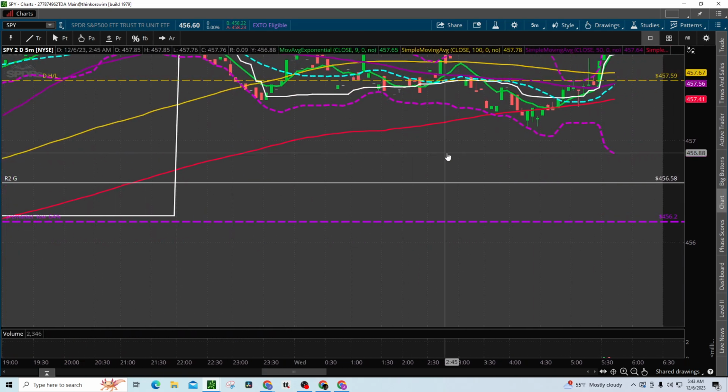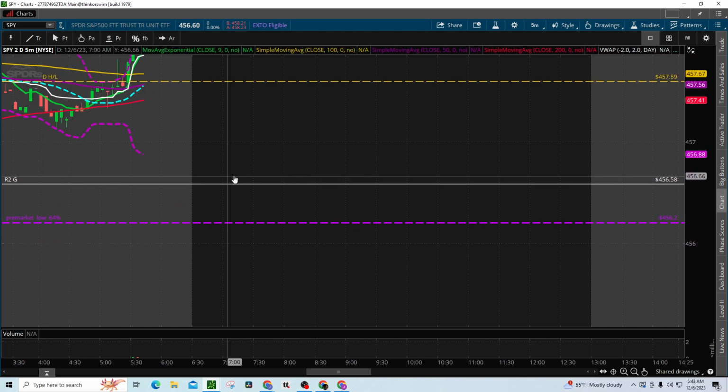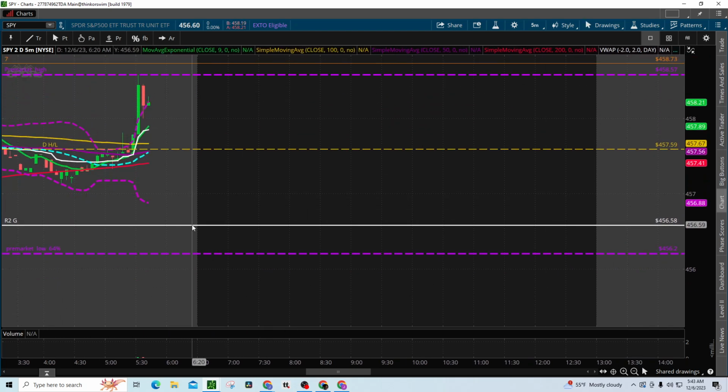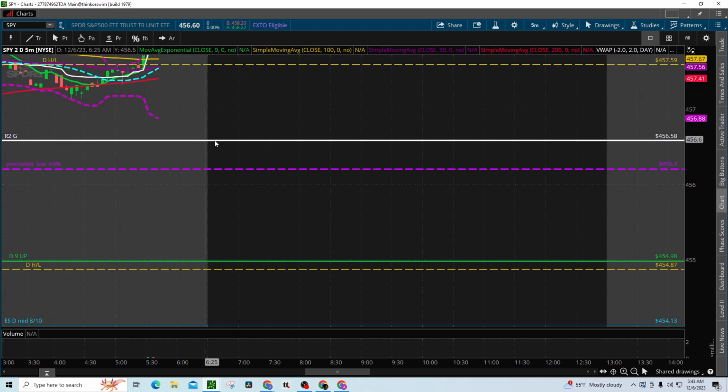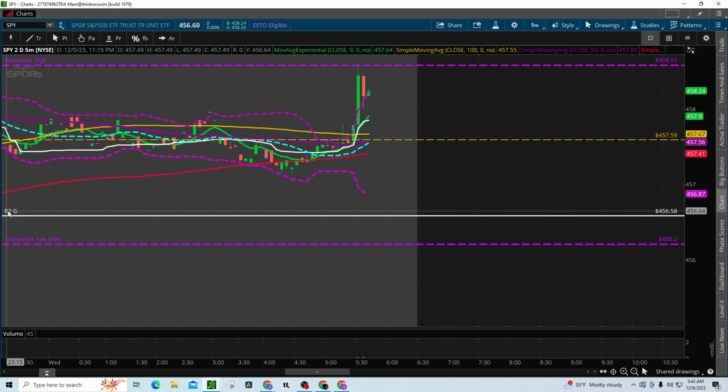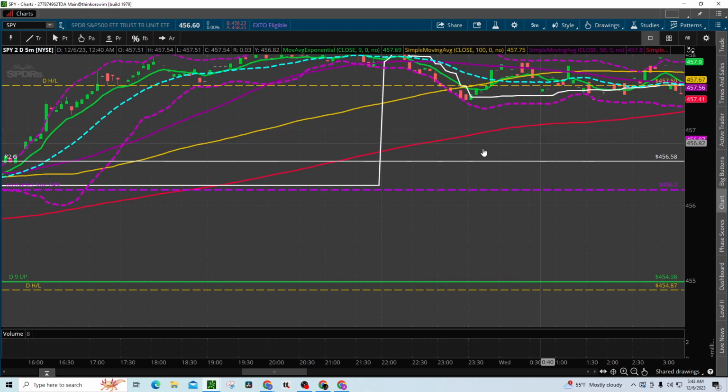So basically, it's called red to green because if price stays above this line, we're green for the day. And if it goes below this line, we're red for the day. So right now we're green for the day. That's why it's called red to green, R2G, to keep it short.